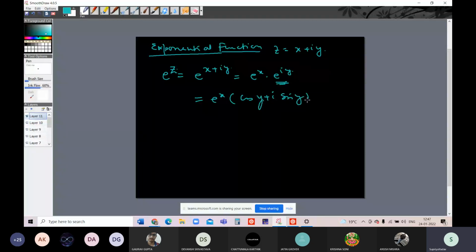So u will be e to power x cos y and its imaginary part will be e to power x into sin y.